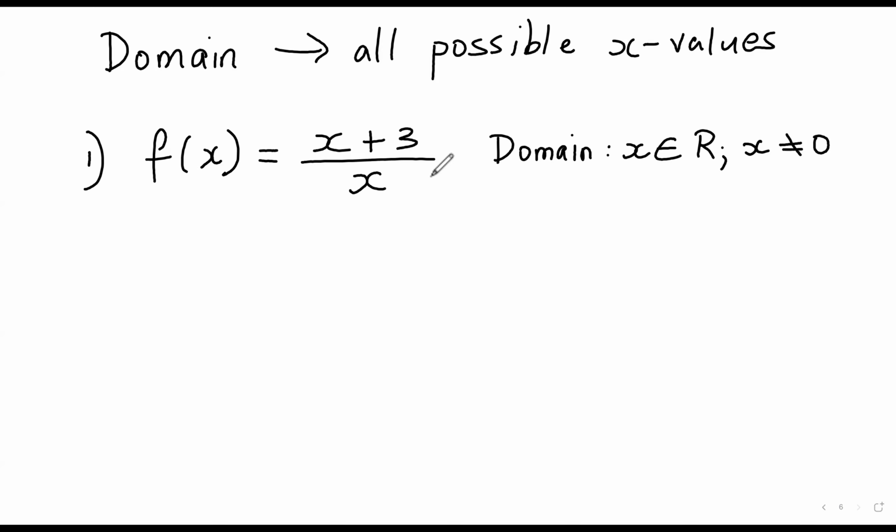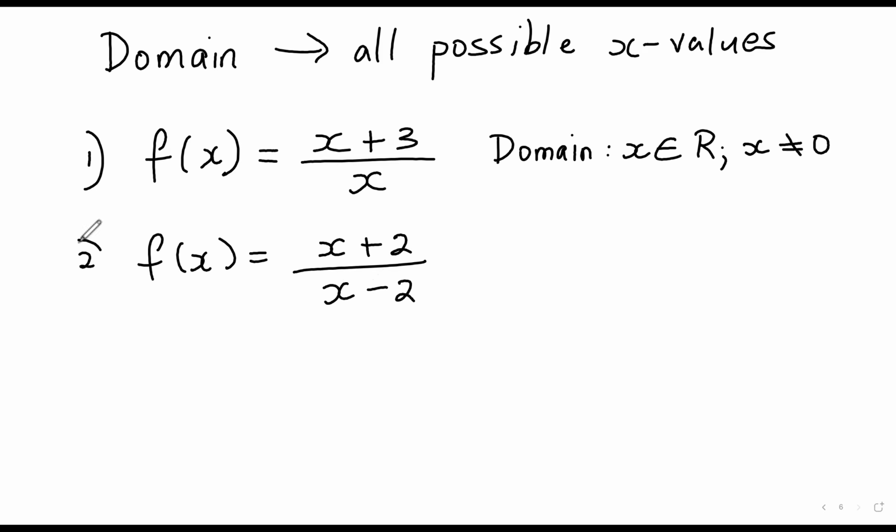So another similar case here would be if you had f of x is equal to, let's say, x plus 2 over x minus 2. These are the same kind of principle. The denominator here is x minus 2.